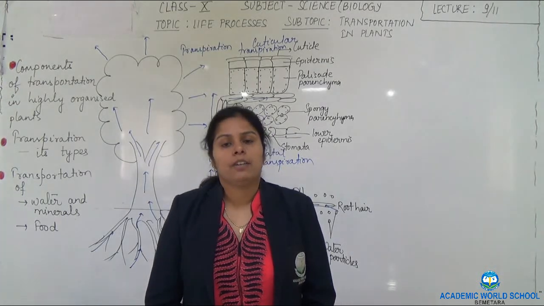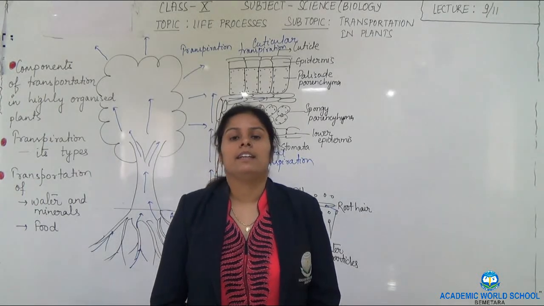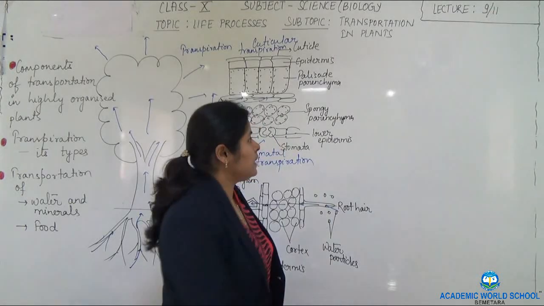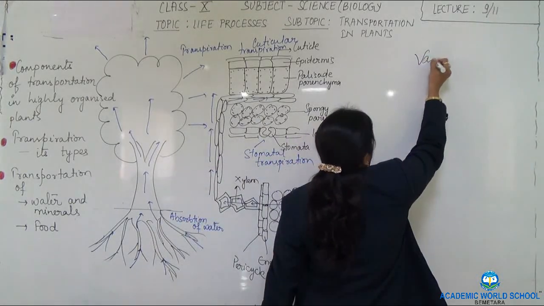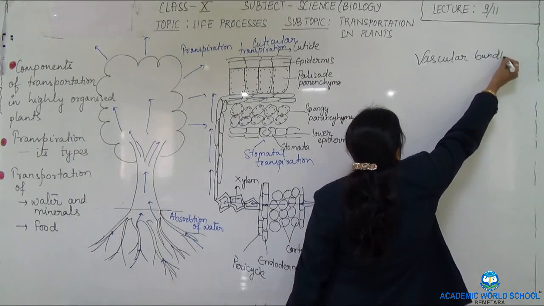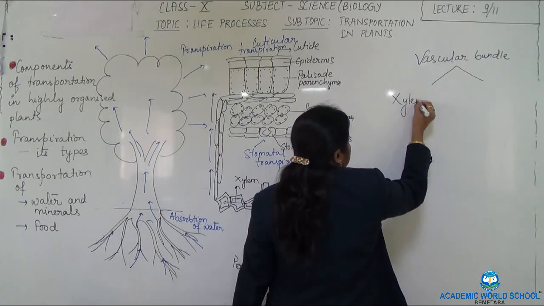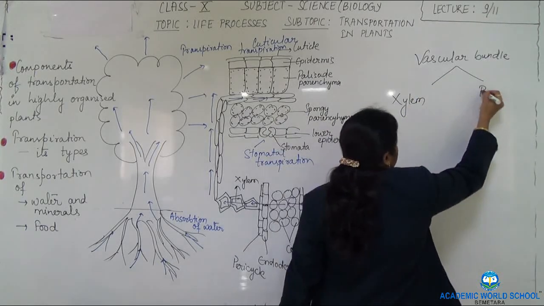First we will understand what are the components of the xylem and phloem, which is under the vascular bundle. Let's see the vascular bundle. This vascular bundle consists of two major components, that is xylem and phloem.